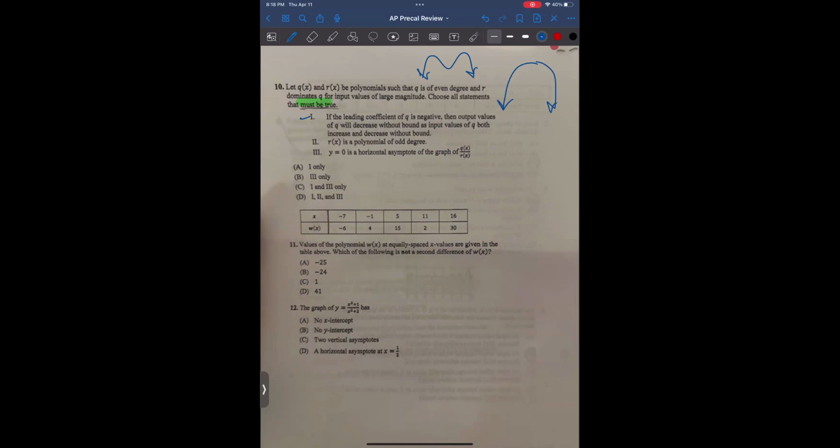So to me, it doesn't have to be a polynomial of an odd degree. For example, if Q is a quadratic function, then technically a quartic function would have values that are larger, right? Because it's anything to the fourth degree. So it doesn't have to be odd. So because it must be true, I would vote against question number 2.